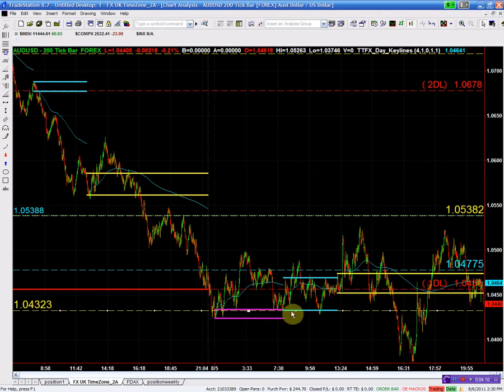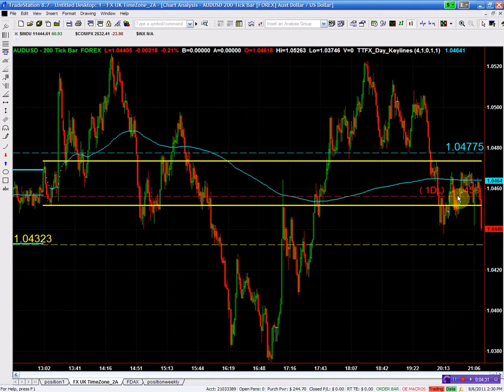If you look here, this is the low of the range on Friday in the UK session. It is 104.32, which is basically pretty much the 104.39. Look, it's 104.32, 104.39. It's all around the 104.30. And if you look at this price structure, you have one failure, two failures, three failures.